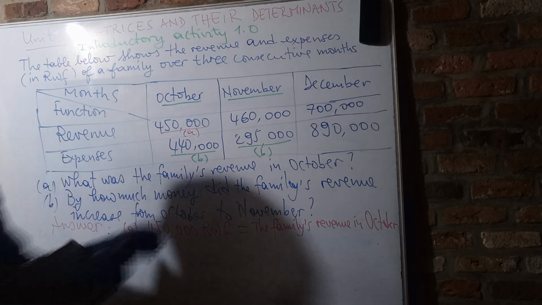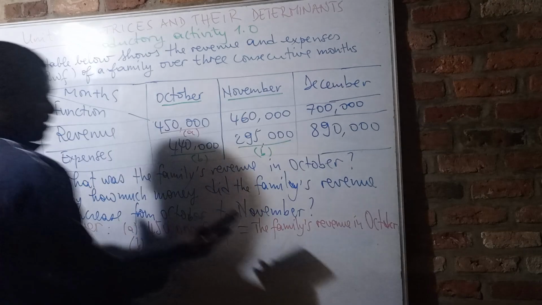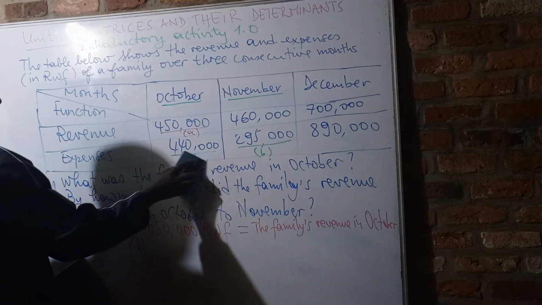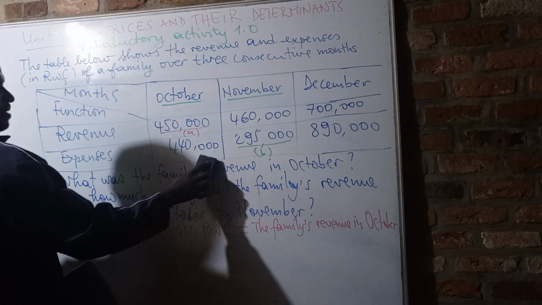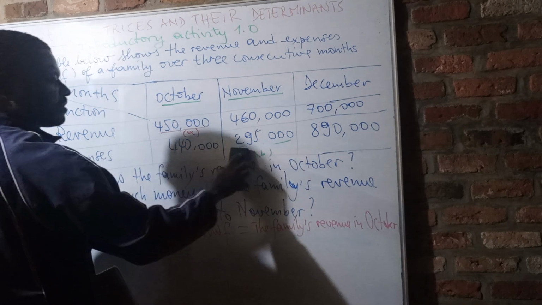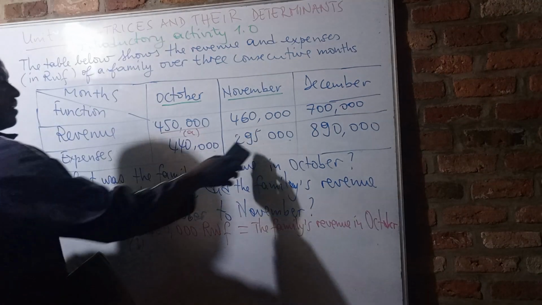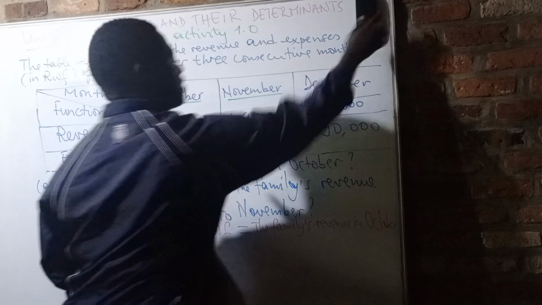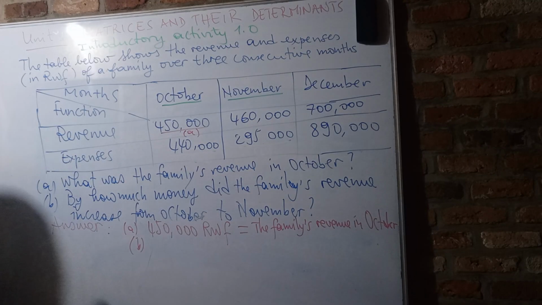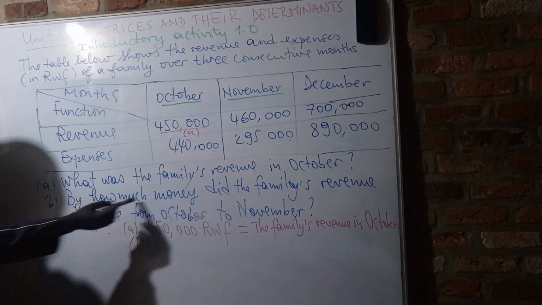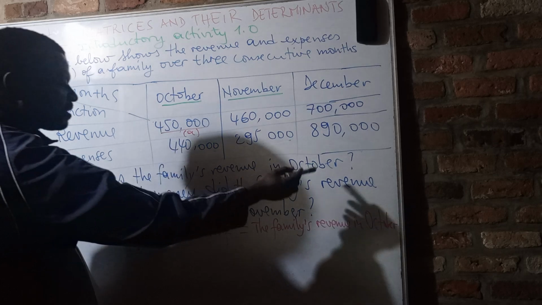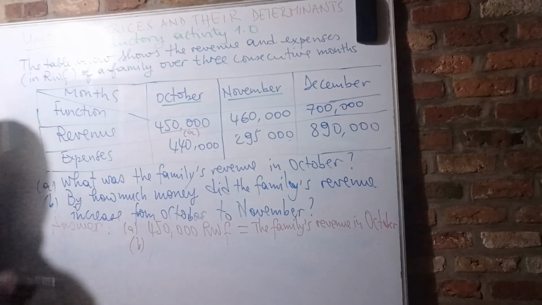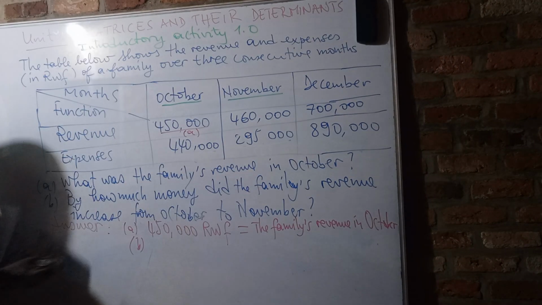Okay, so now here I think that was a mistake. It is still about revenue. By how much money did the family's revenue increase from October?